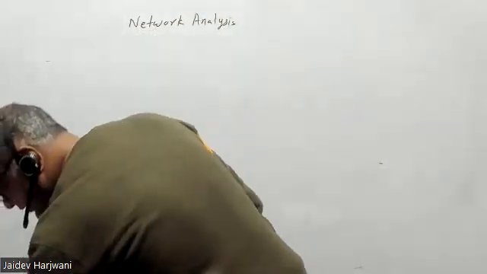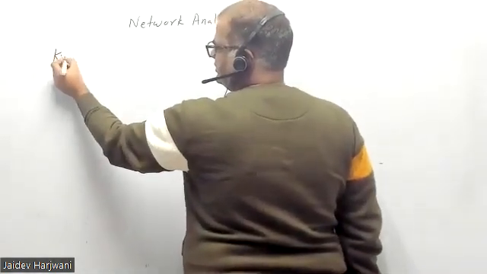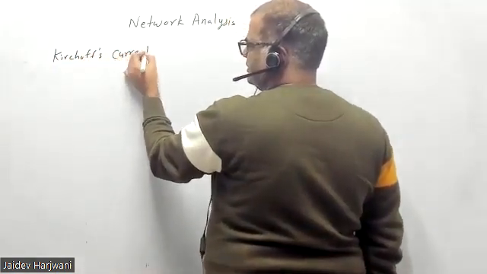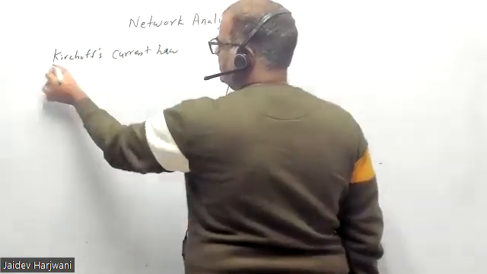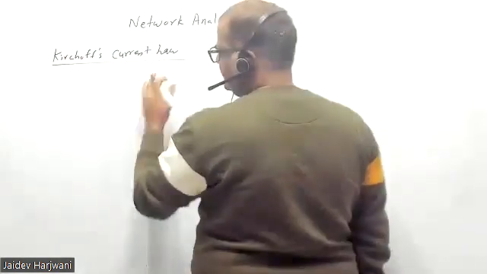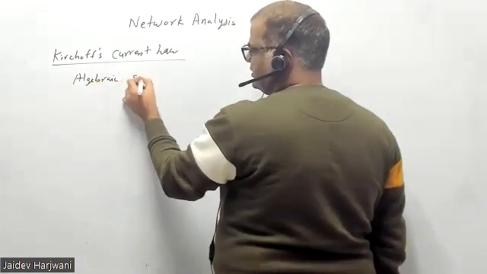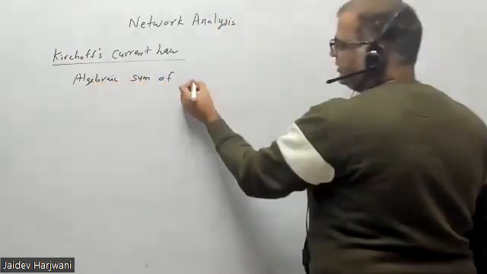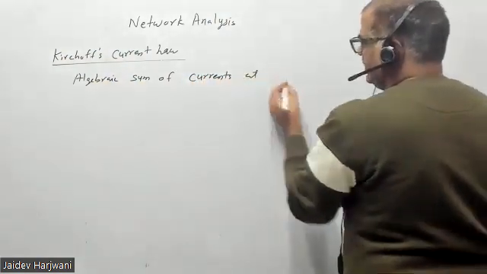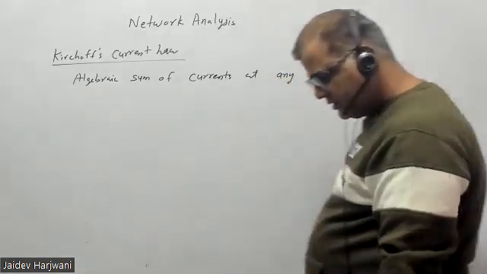Now, the next basic law is Kirchhoff's current law. Kirchhoff's current law says the algebraic sum of currents at any node is zero.